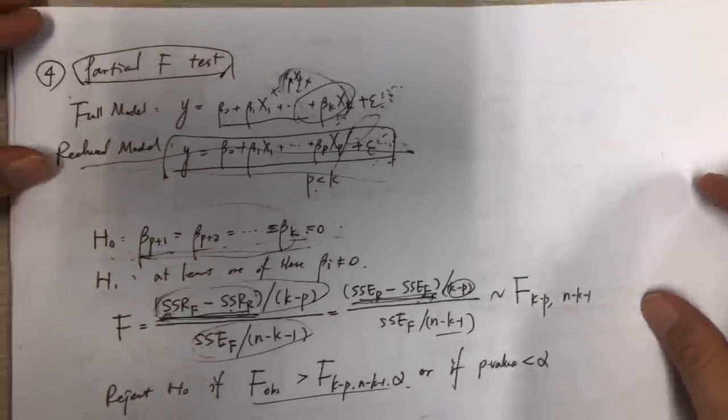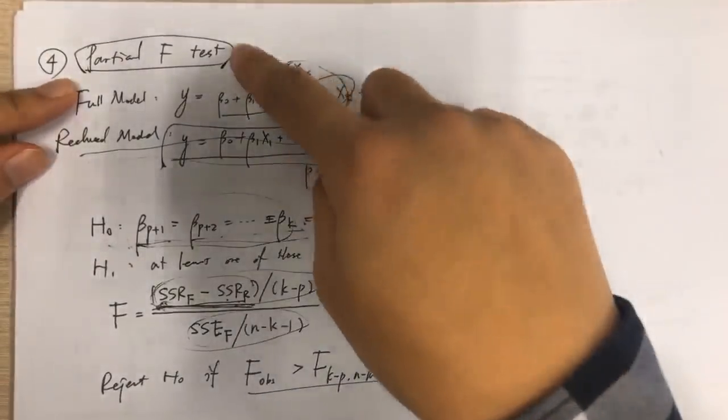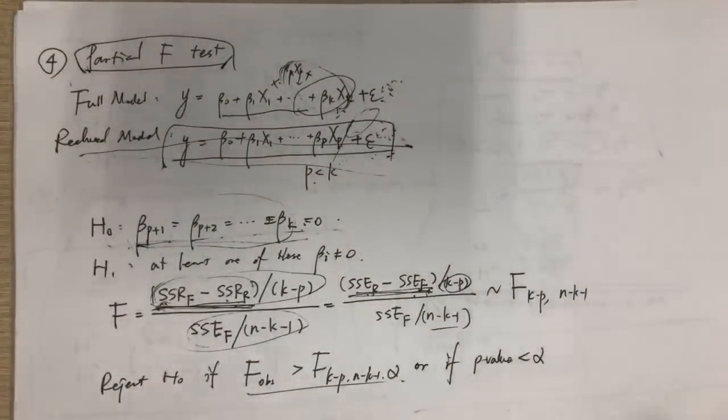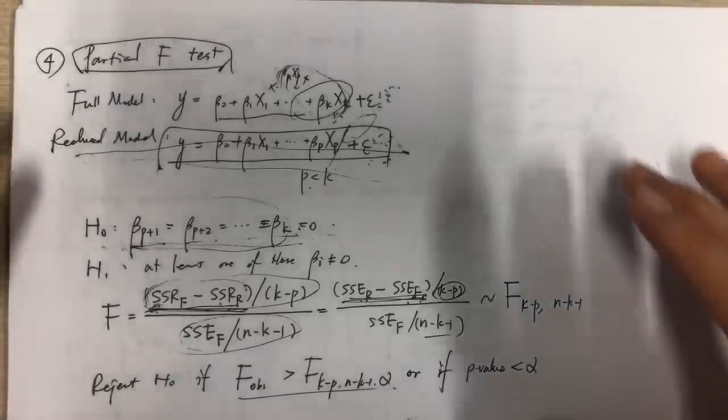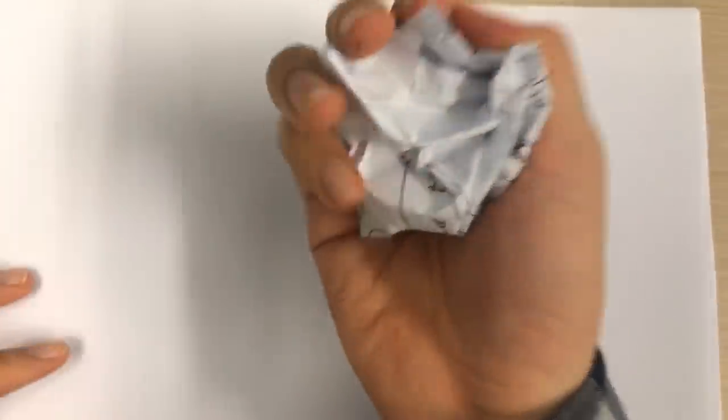And finally, we're going to have a partial F-test. If you're happy with this tool pack, I will pack this tool for all of you. So please catch. 3, 2, 1. Okay, good.